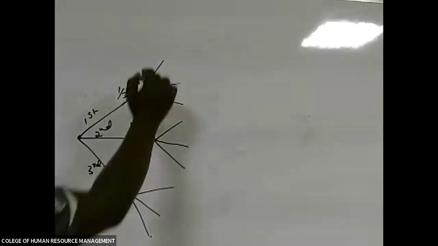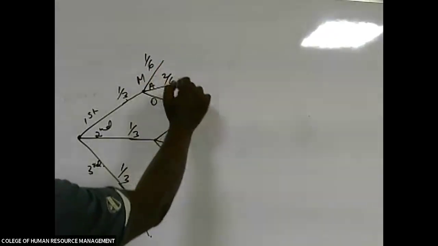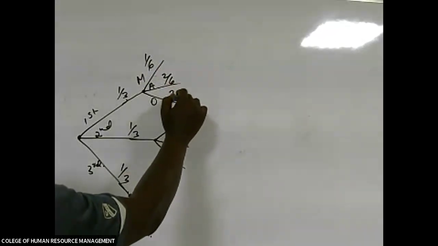So look at basket 1. We had 1 mango, 2 apples, and 3 oranges. You do the total: 1 plus 2 plus 3 is 6. So the mango is 1 over 6 probability, the apple is 2 over 6, and this one will be 3 over 6.